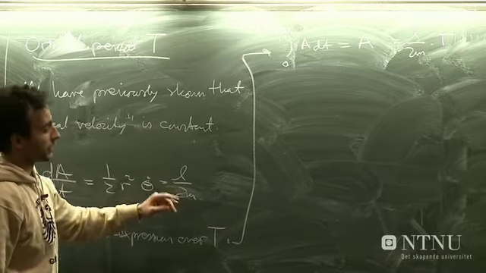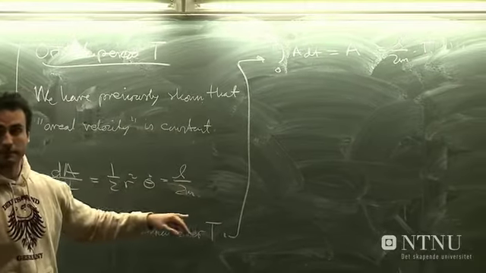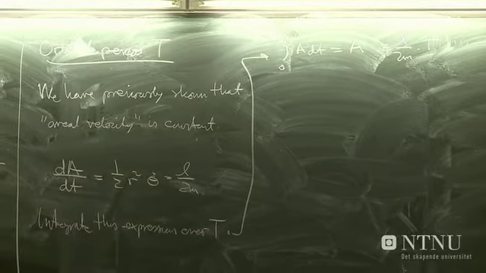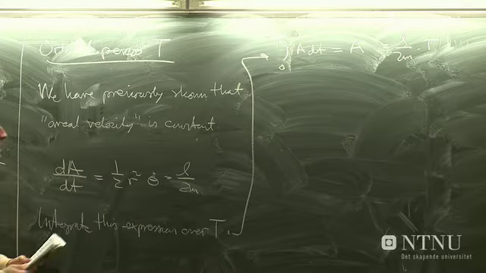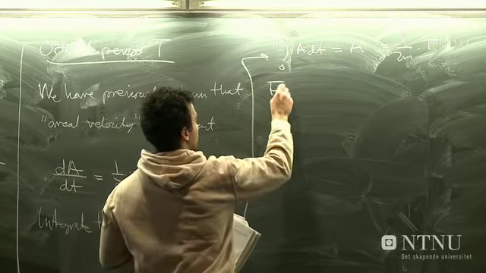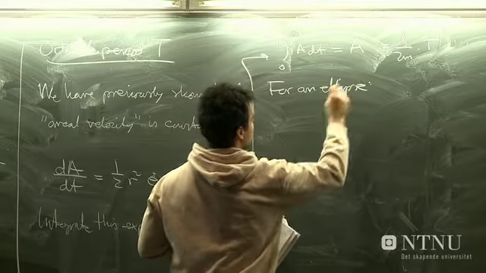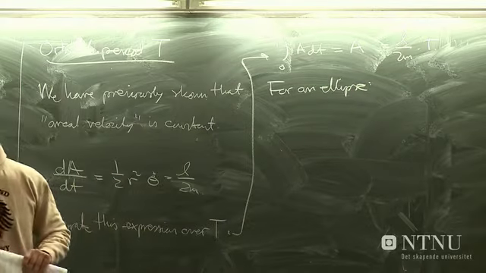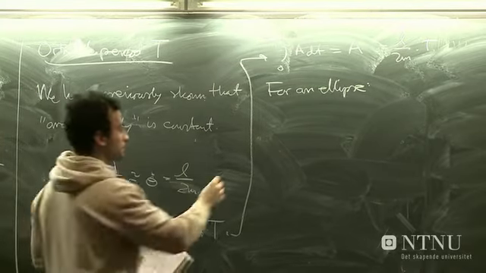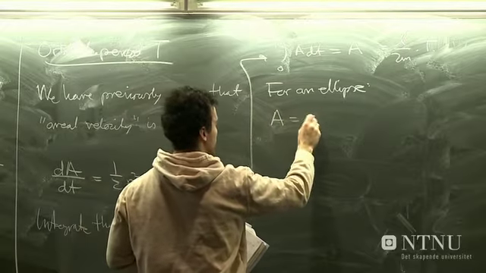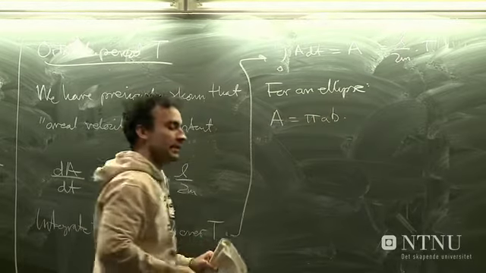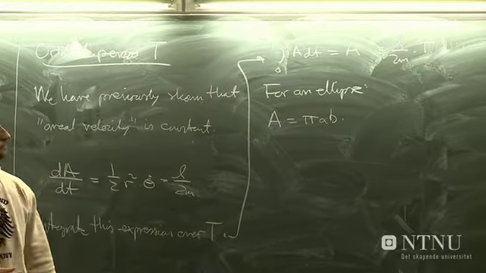The magnitude of the integral should be L over 2m multiplied with large T. Now it's known that the area of an ellipse is given by pi AB.